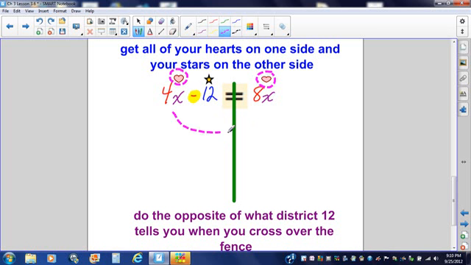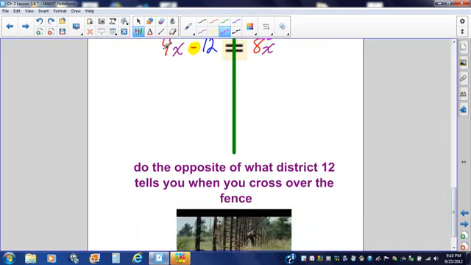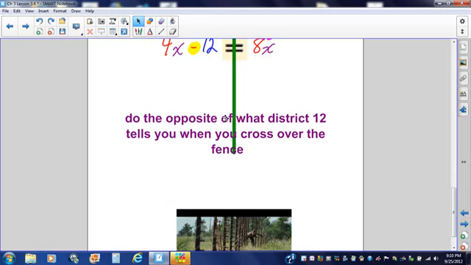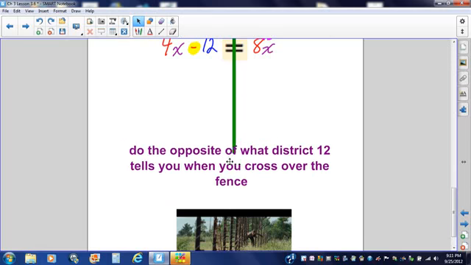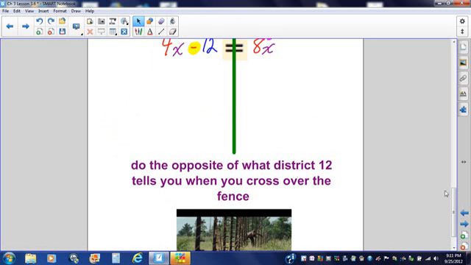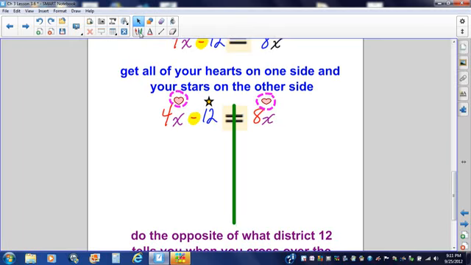So I'm going to bring the 4x over to the right side of my equation. Remember that when you cross that fence, you're going to do the opposite of what the district tells you. So remember that this is a SPY for the positives. I'm going to do the opposite of what the district tells me, so I'm going to subtract 4x.